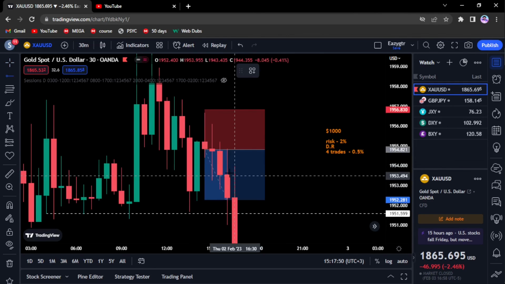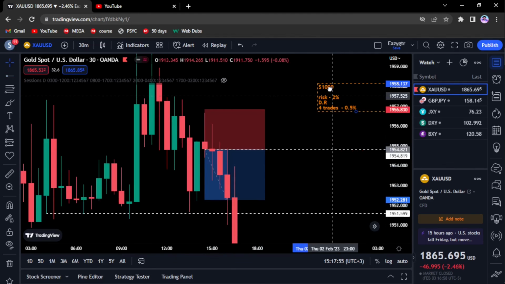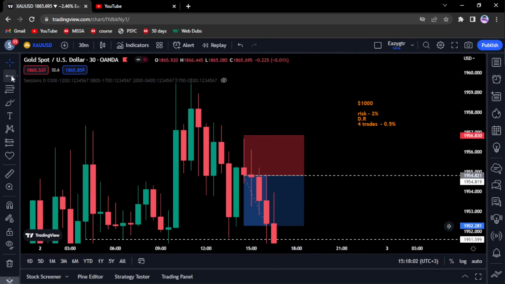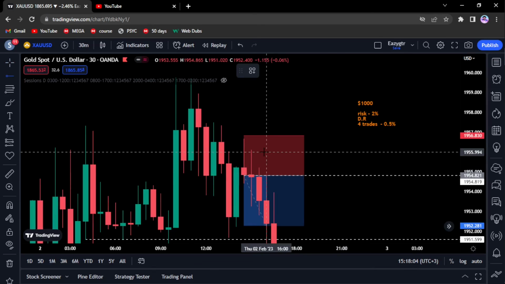Trade 1 at the entry. Okay, let me push this higher. Trade 1 at the entry. Trade 2, retracement at around here.